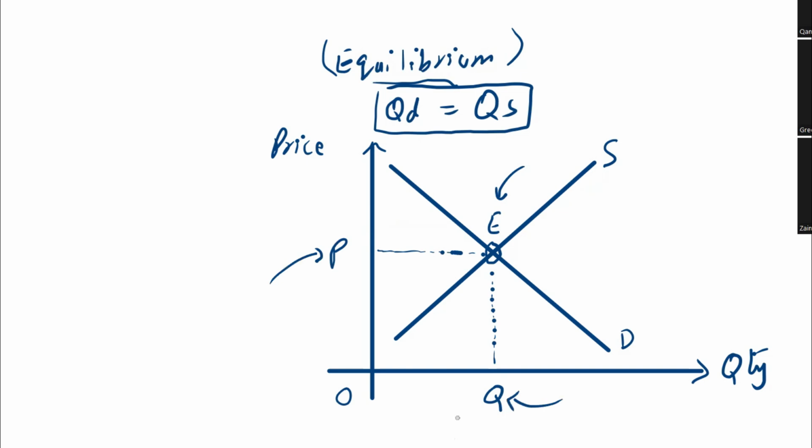So this is the price that consumers generally have to pay in the market for purchasing a certain product. If we define equilibrium, we can say that equilibrium is a market position where quantity demanded is equal to quantity supplied. In other words, we also say that equilibrium takes place at a point where demand and supply curves intersect each other.